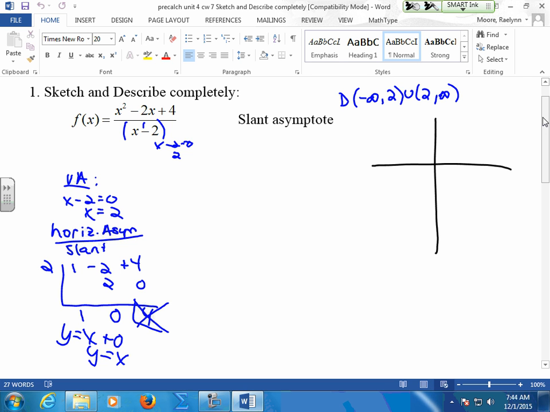If you want, in your calculator you can go to y2 and put in your slant asymptote, y equals x. And you'll see your end behaviors go right along your slant asymptote. Go to y2 and put in y equals x. The y equals x line is a line that cuts right through.